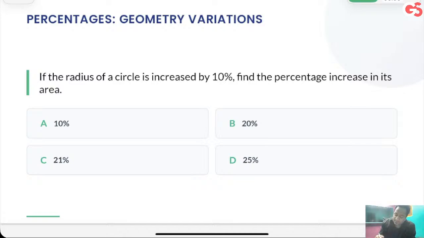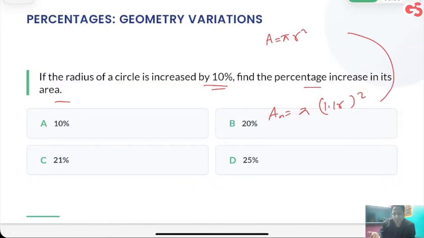The radius of a circle increased by 10%. Find the increase in its area. So area of circle is given as pi r square. Now the new radius is 110% of the old one. So now it is 1.1 r. Let the new area be A new. So you can solve it this way, but there is one more way of solving the question.